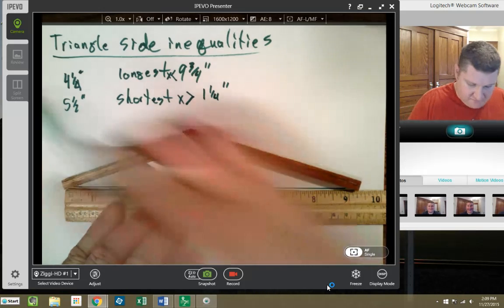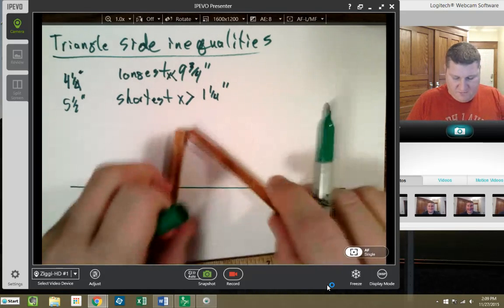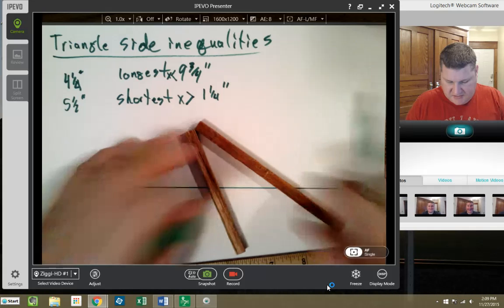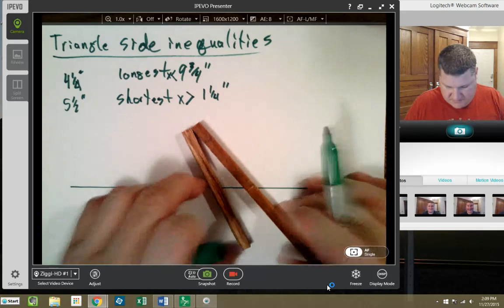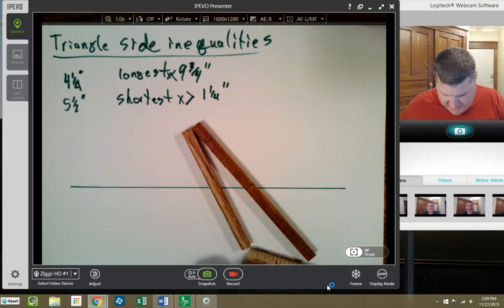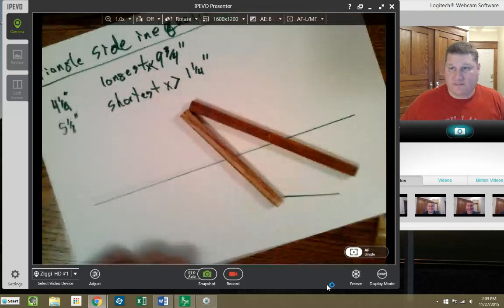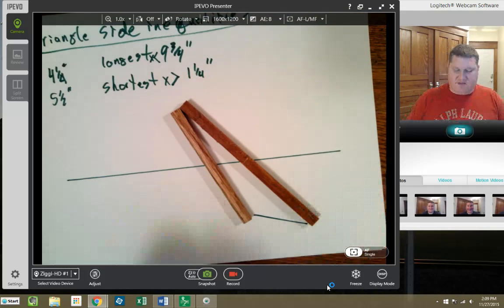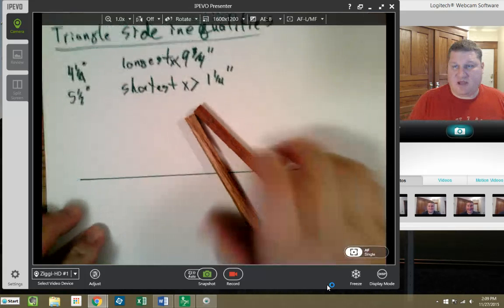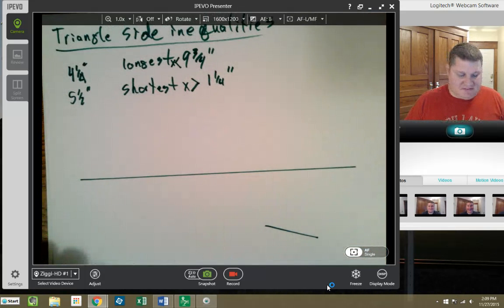So whether I have a super duper long side like this, or whether I have a super duper short side, as short as I could make it like this, it doesn't frankly matter. Now, we should be able to come up with some reasonable things.